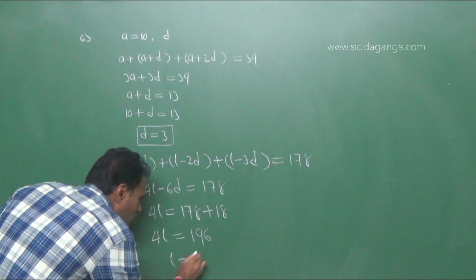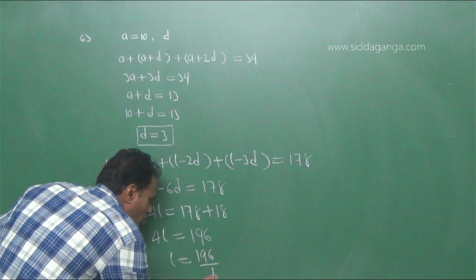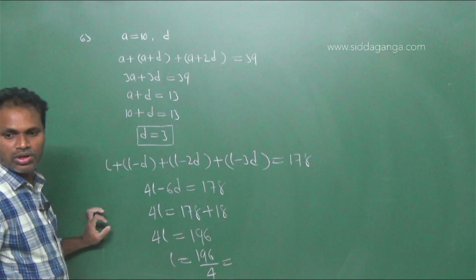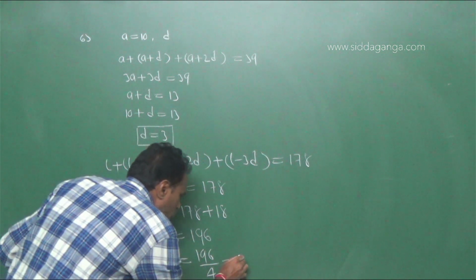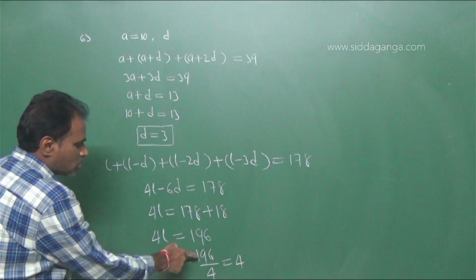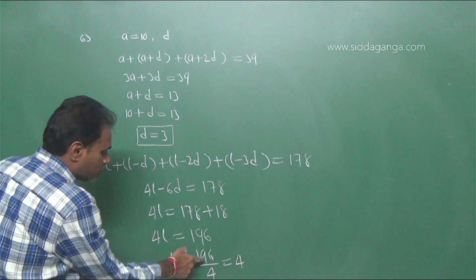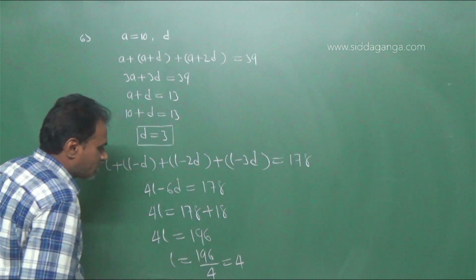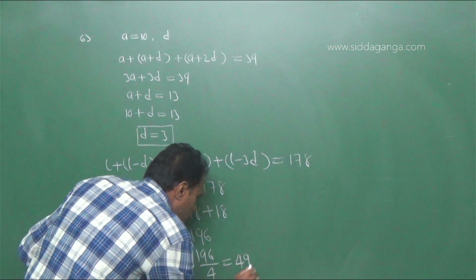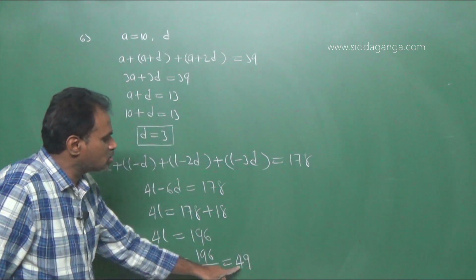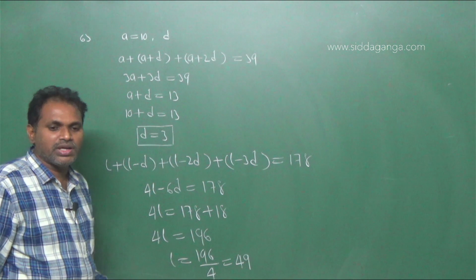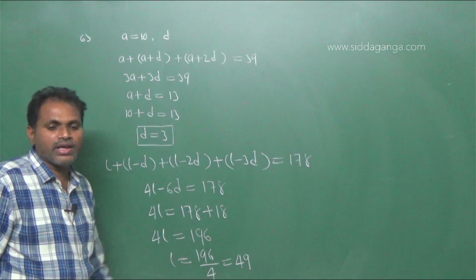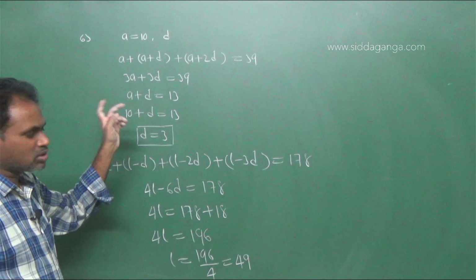Therefore, L equal to 196 by 4, that is 49. Therefore, the last term in the arithmetic progression is 49 and the first term is 10.